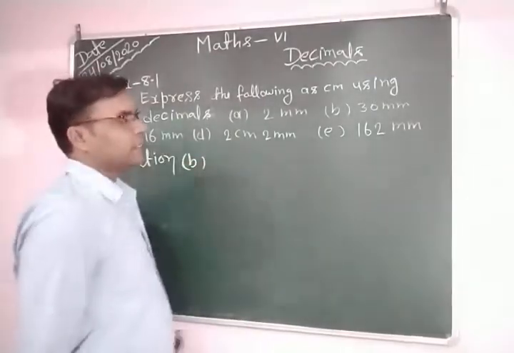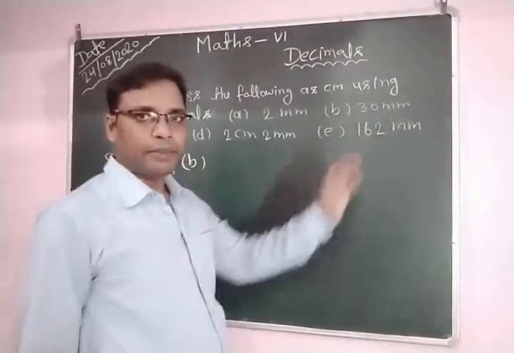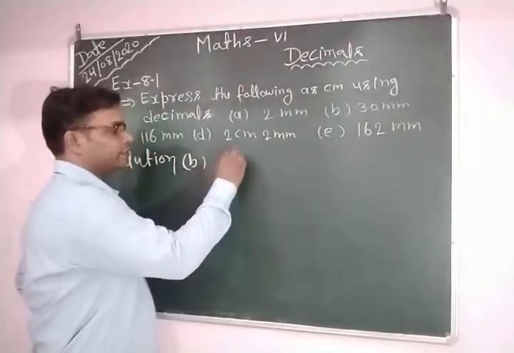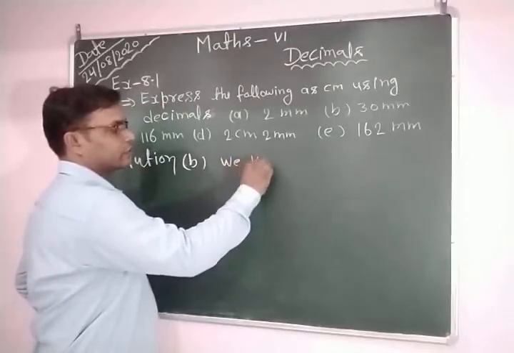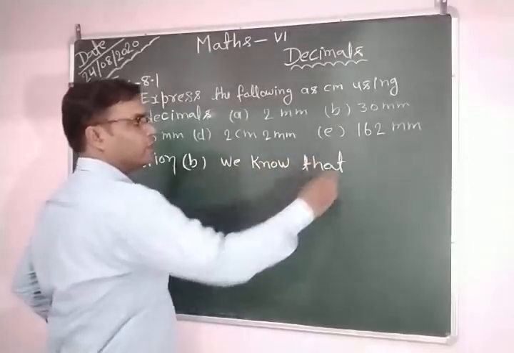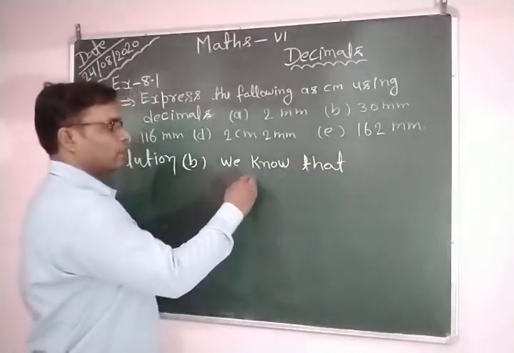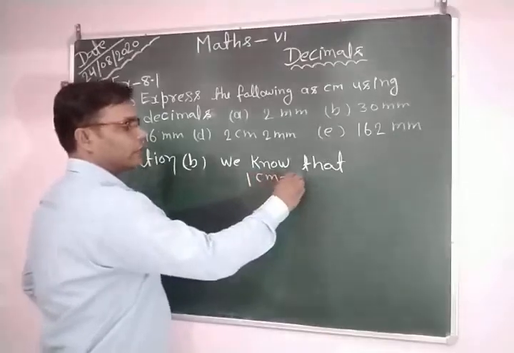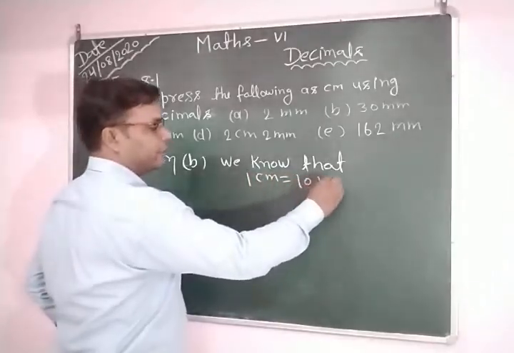B part is given 30 millimeters. We know that 1 centimeter is equal to 10 millimeters.